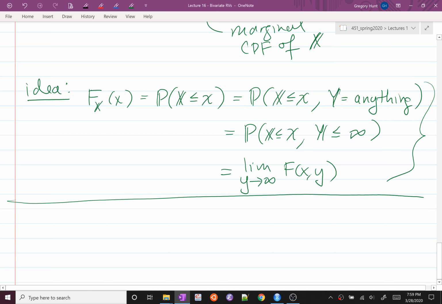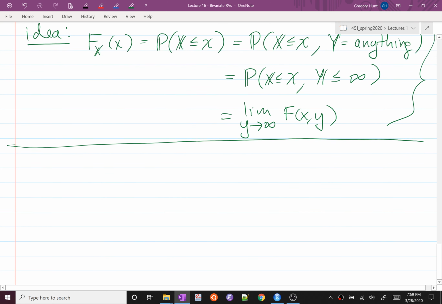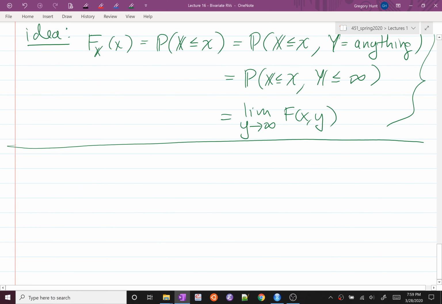So if we have the joint CDF, we can get the marginal CDF. The question then is, if I have the marginal CDF, can I get the joint CDF? Unfortunately, you don't have enough information to go the other way.